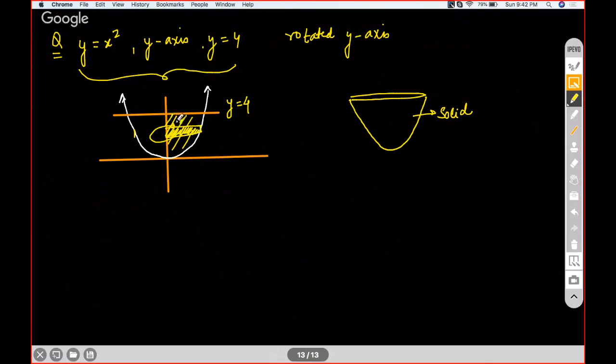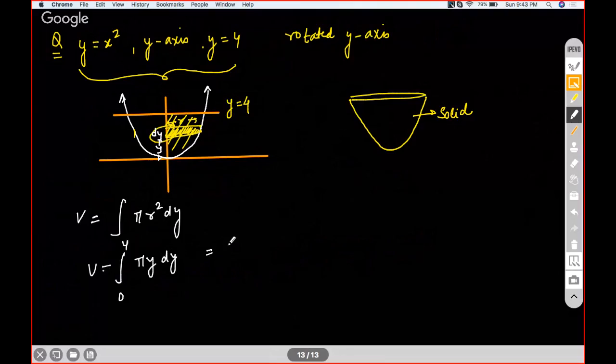At a distance of y, you will take a thin strip of dy. So your area will be pi r square dy. Now what is r here? r is going to be the x coordinate at that point. So x is root of y. So it will be pi y dy, which is y square by 2, integrated from 0 to 4. So that will be pi y square by 2 from 0 to 4. That's going to be 8 pi.